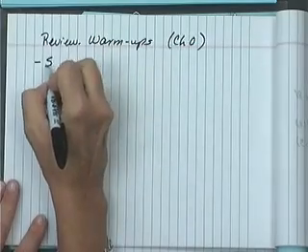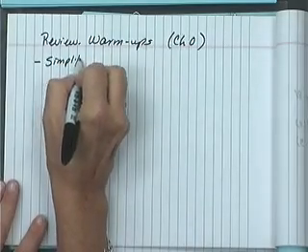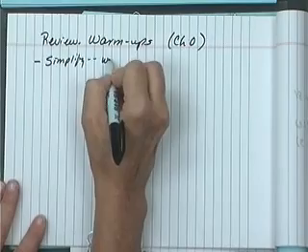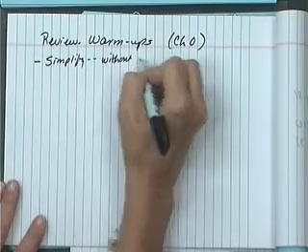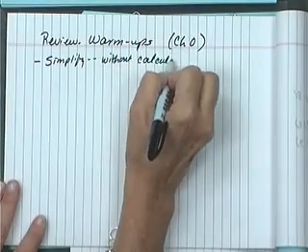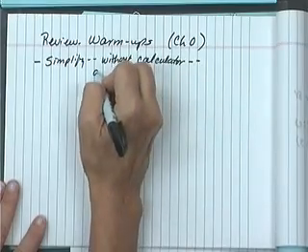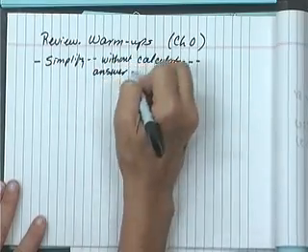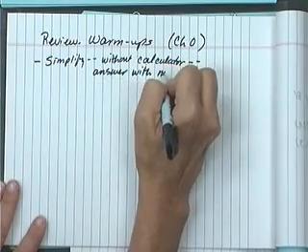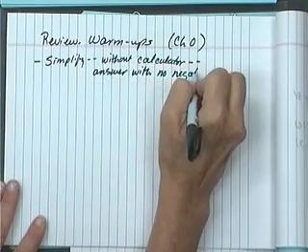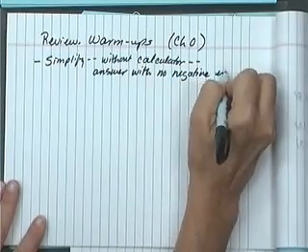The first instructions are: simplify without a calculator. And simplify is going to mean answer with no negative exponents.